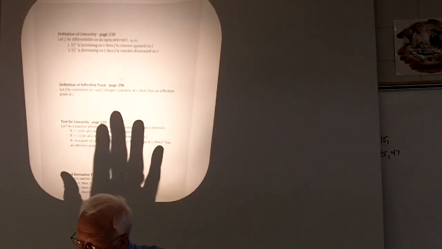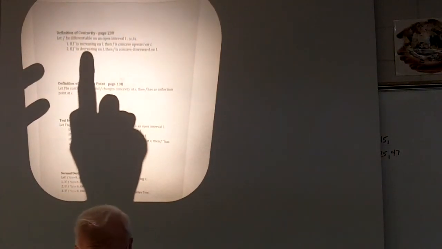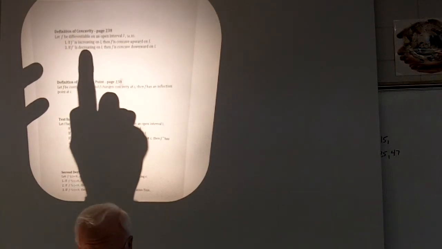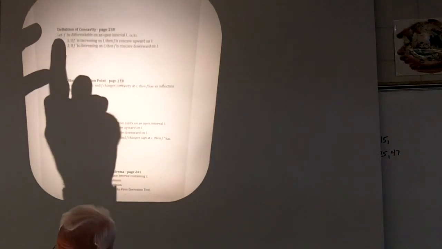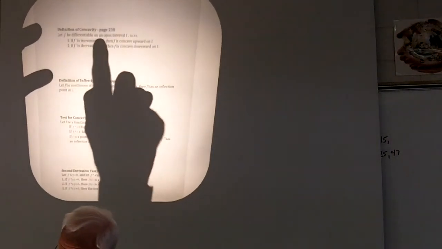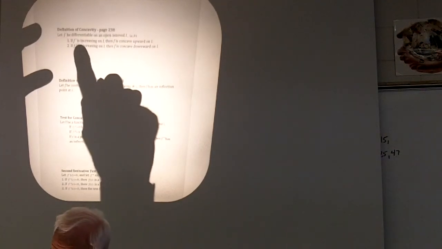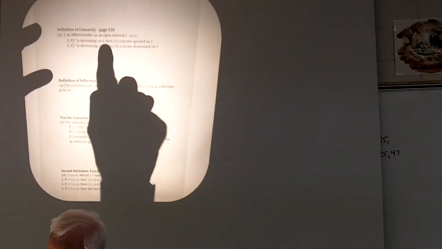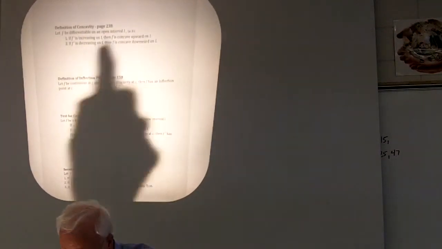The definition of concavity. Very important stuff is happening here. Look at what it says. Let f be differentiable on the open interval (a, b). If f prime is increasing on I, then f is concave upward.